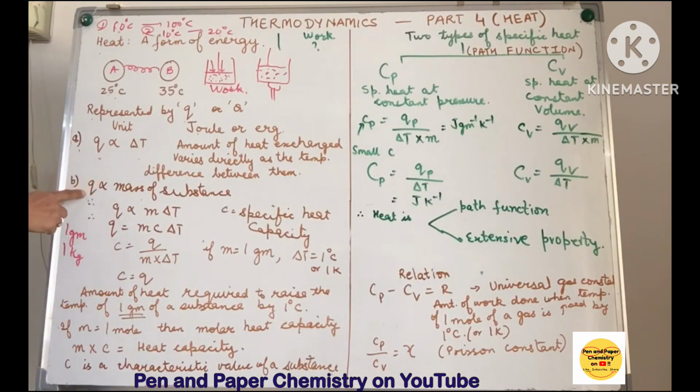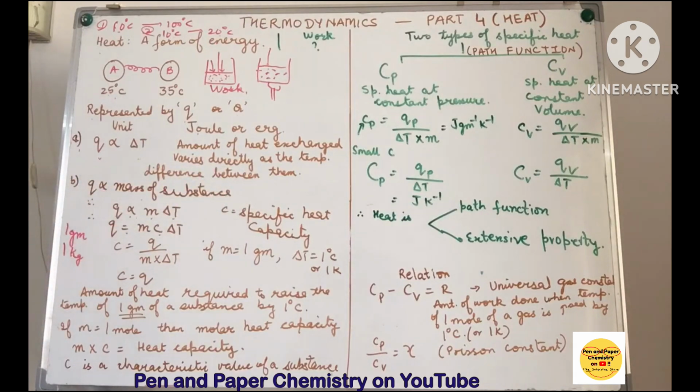So that means the amount of heat required directly varies as the mass of substance taken. Combining the two factors, we have heat is directly proportional to the mass of the substance taken into the difference in temperature. Removing the proportionality sign, we put a constant here which is known as specific heat capacity.